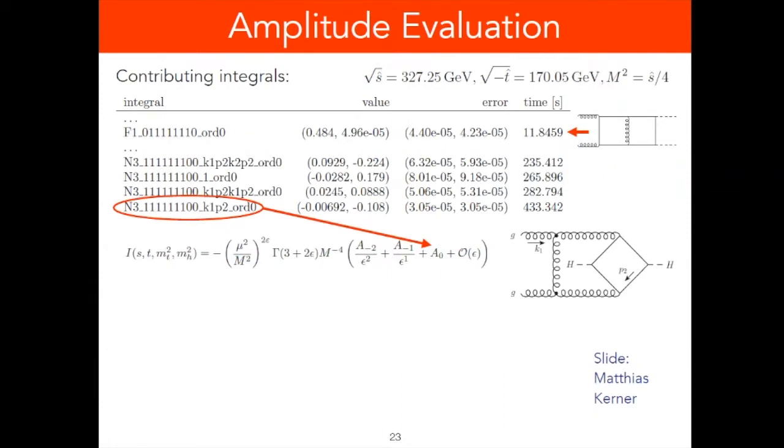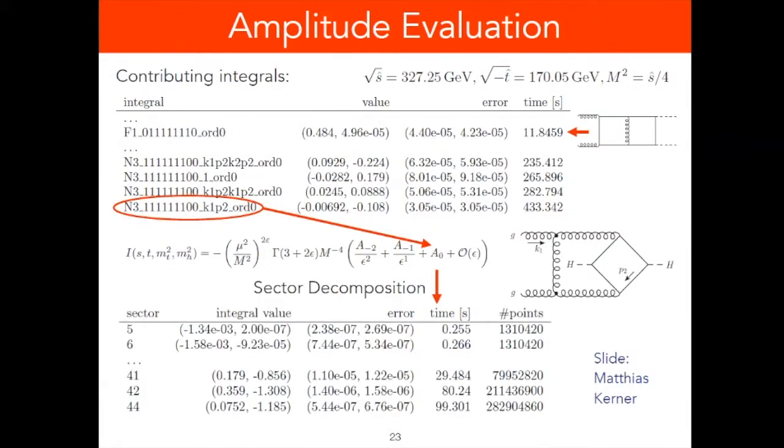Here, for example, we pick one particular planar integral which has some tensor in it. And we look at just the finite part, so this is the epsilon to the zero, this is just the finite part. After sector decomposition, we have many sectors that contribute here. And what you're seeing here is that we're putting different numbers of points into each individual sector within one order, within one integral.